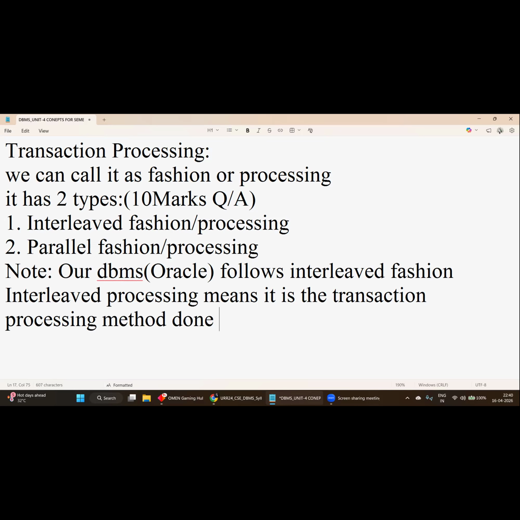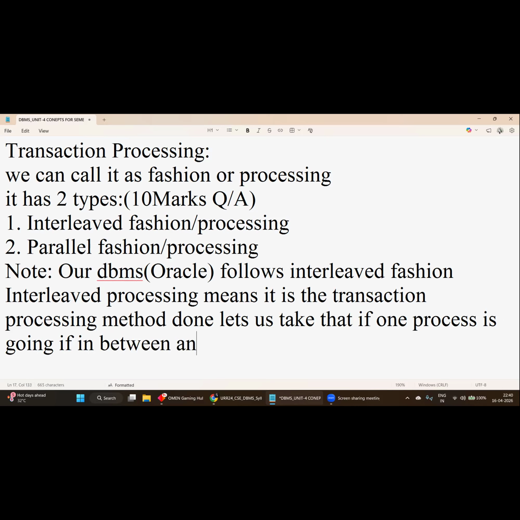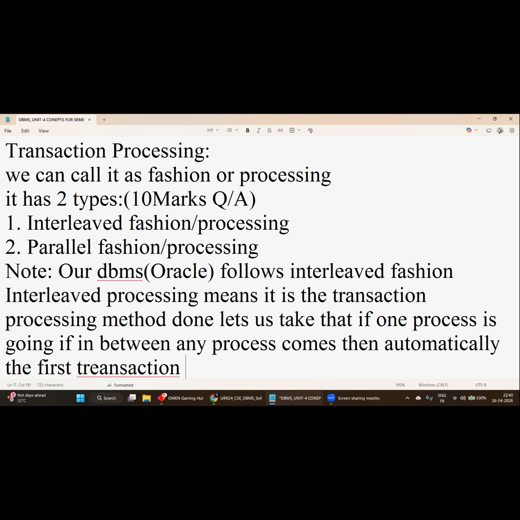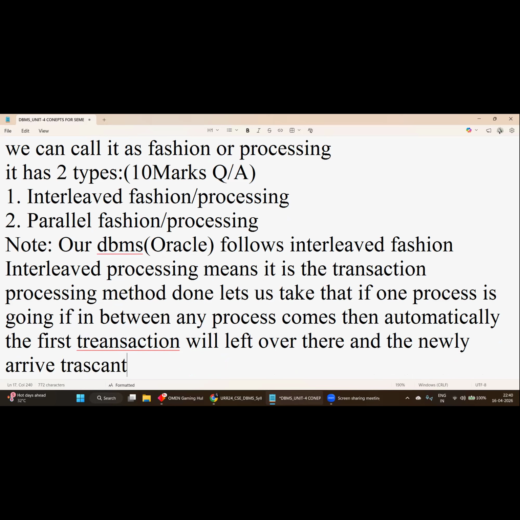Let us take that if one process or transaction is going on, if in between any process or transaction comes, then automatically the first transaction will be left over there and the newly arrived transaction will be executed or processed. So this is called interleaved fashion.